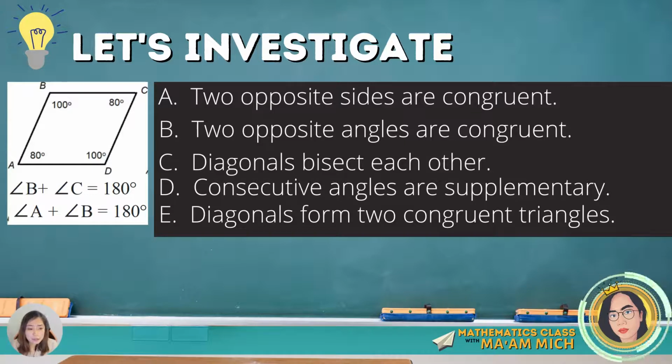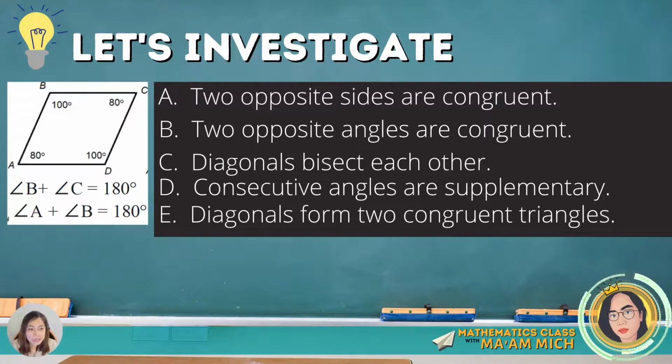Next, we have number 4. Ano yung pinapakita ng illustration nito? Bakit meron tayong angle B plus angle C equals 180 degrees and angle A plus angle B equals 180 degrees? Ano yung relationship meron yung angle B at angle C?